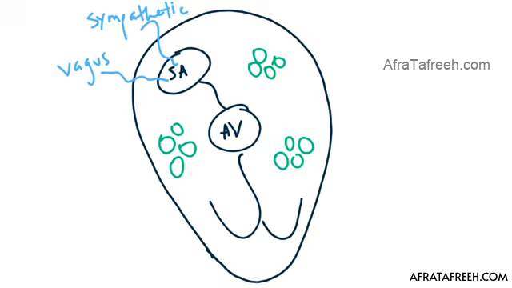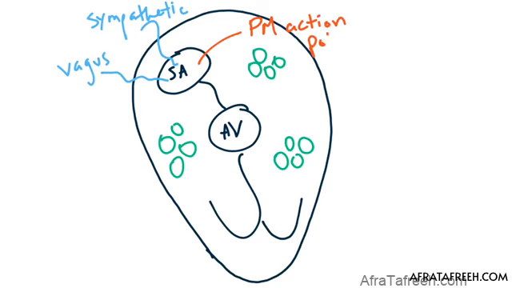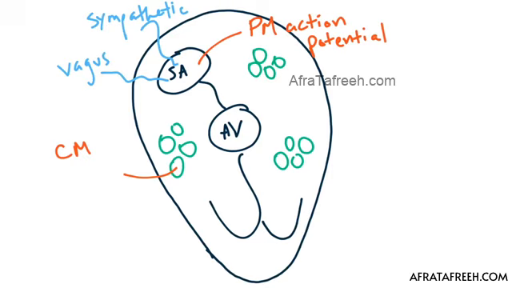Remember, these can alter the rate of spontaneous depolarization. So pacemaker action potentials occur throughout the electrical system, such as the SA node. So PM for pacemaker. And cardiac myocyte action potentials occur throughout other cardiac tissues, such as the ventricular myocytes. So CM for cardiac myocyte.